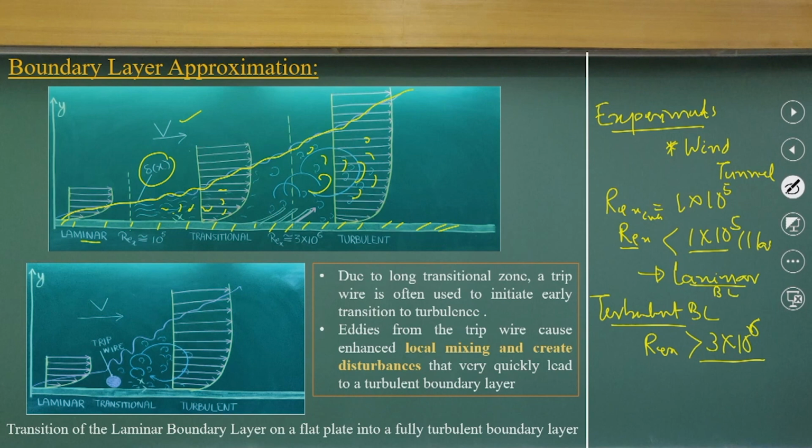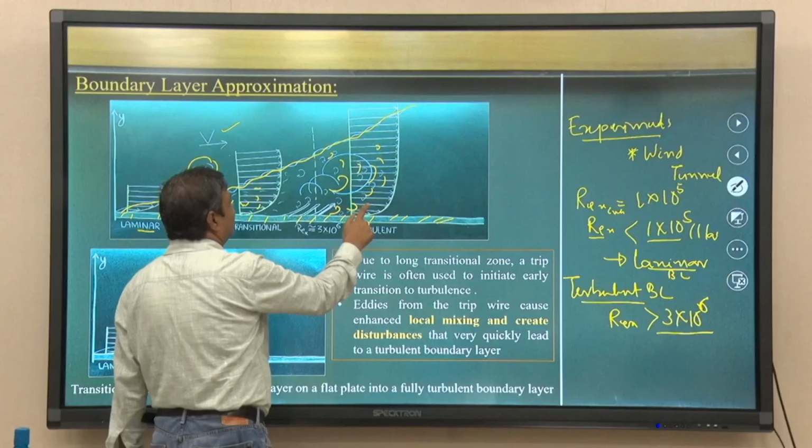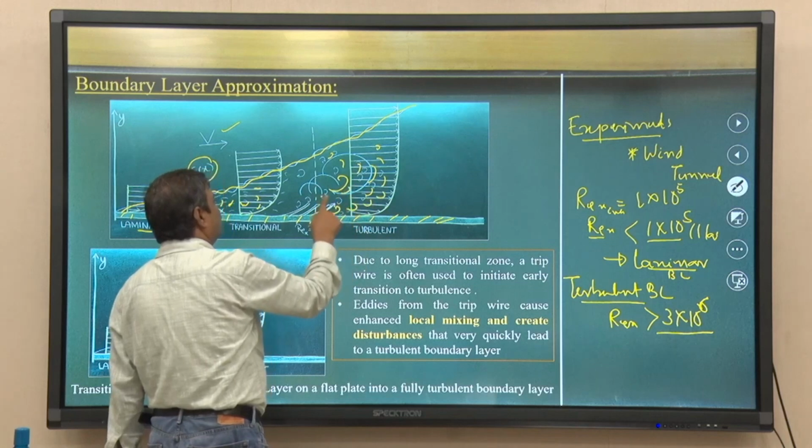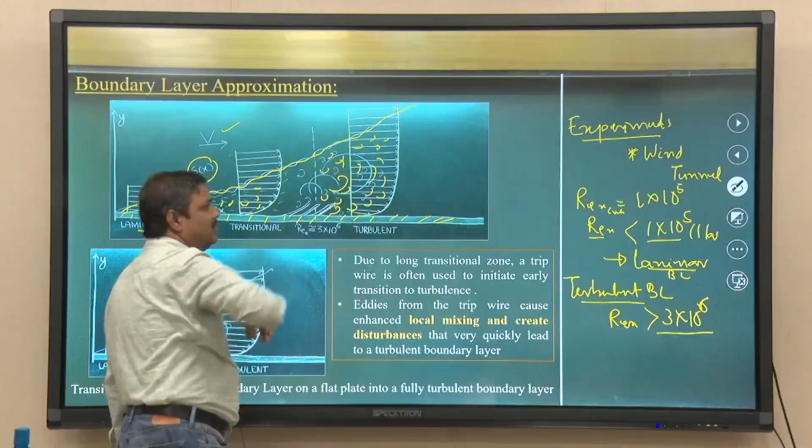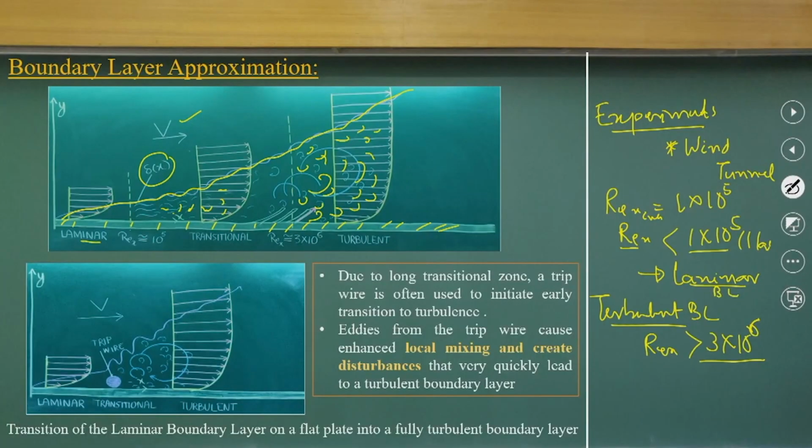If it is more than that, you will have turbulent boundary layers. These turbulent boundary layers we can solve using CFD solvers, or we have to work from experiment. Here we do not have any analytical solutions for this.